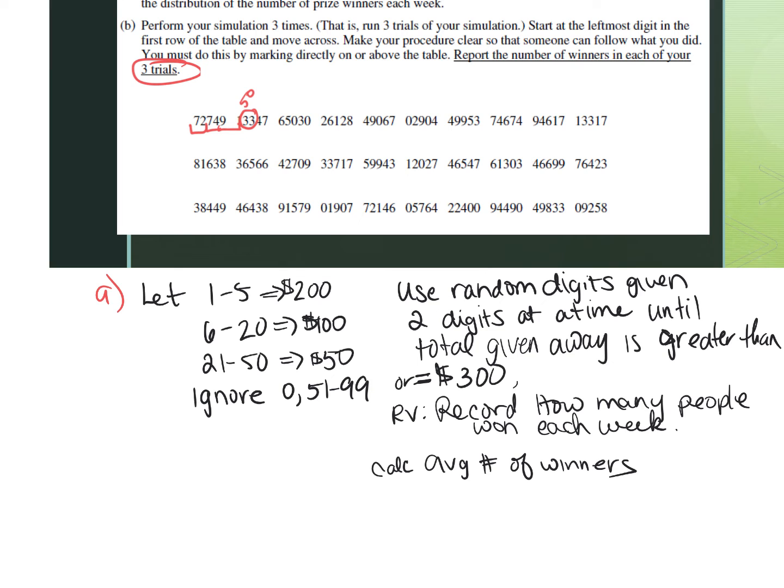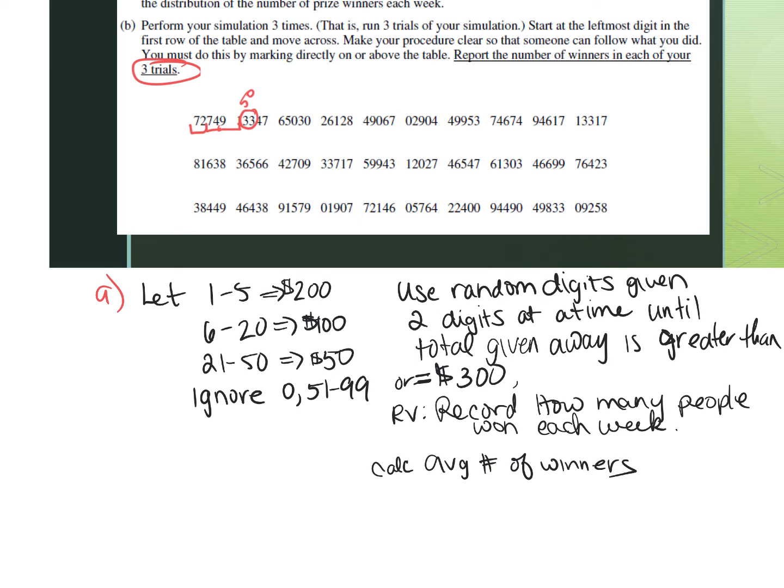If Lily won $100 and Michael won $100 and you won $50, that's $250 given away, right? I'm going to keep going and pick a new winner, okay? If Audrey gets pulled and she wins $200, she still gets $200 because that's over 300. I'm not going to say, oh, I can only give 50 away now. Right?